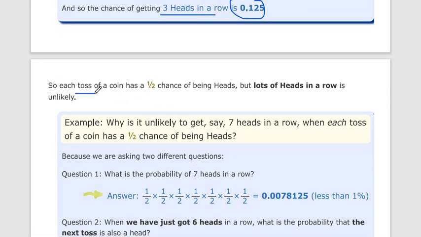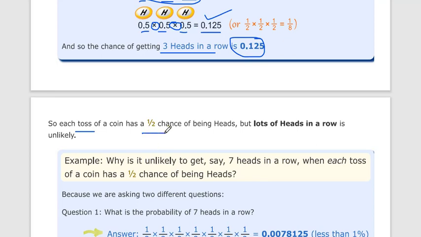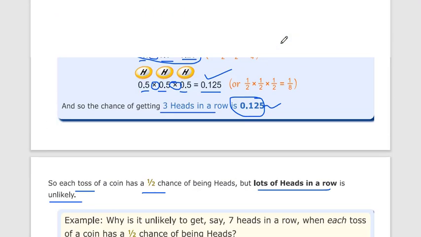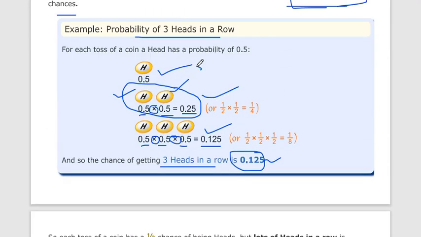Each coin toss has a 1 by 2 chance of being head, but lots of heads in a row is unlikely. You can see that the probability here is 0.5, but for getting 3 heads in a row the probability decreases.